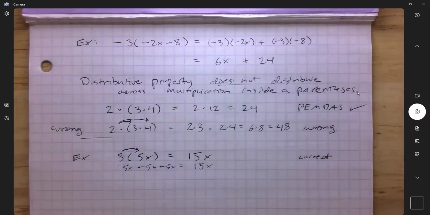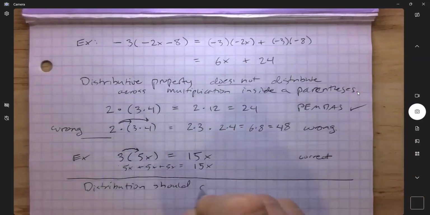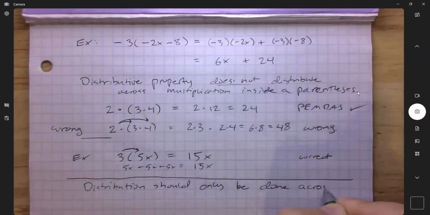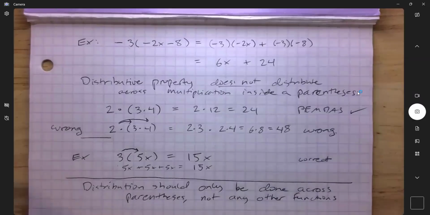Okay. The other thing to keep in mind with the distributive property is distribution should only be done across parentheses, not any other functions. At least not any other functions we're going to be studying in this class.